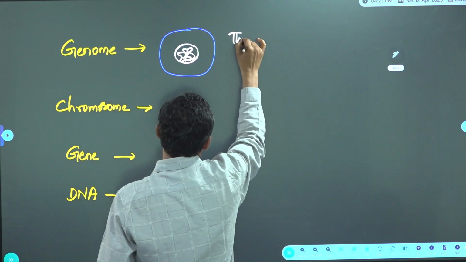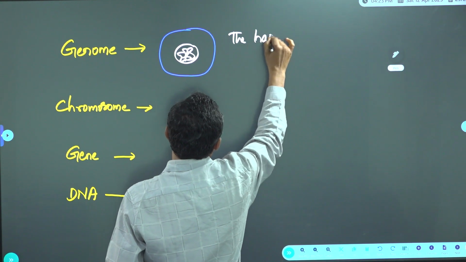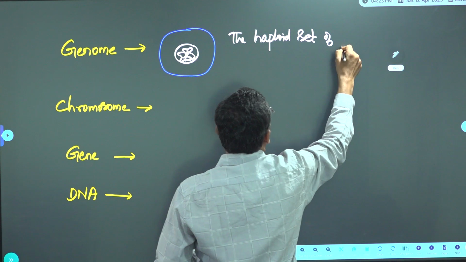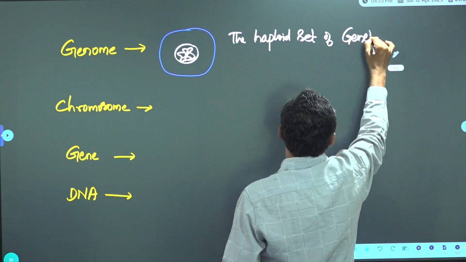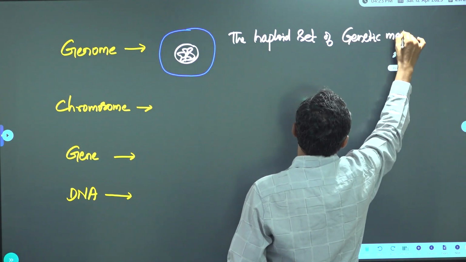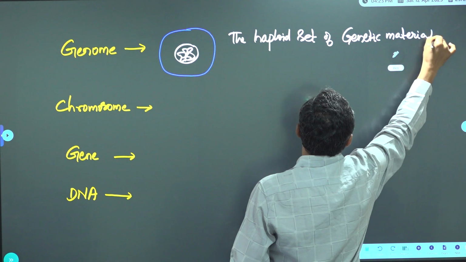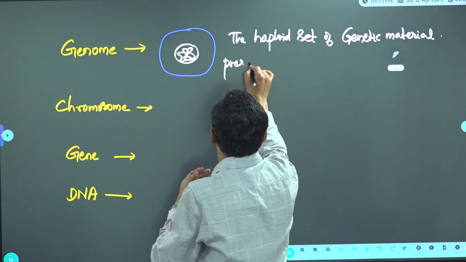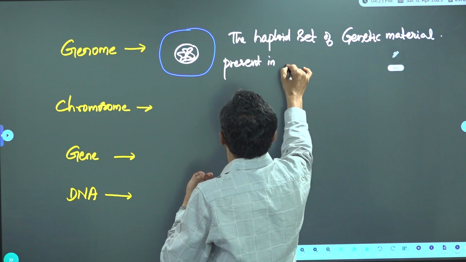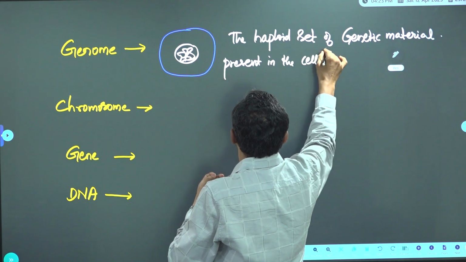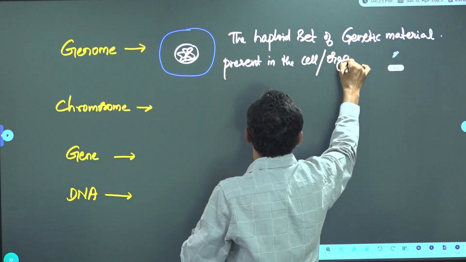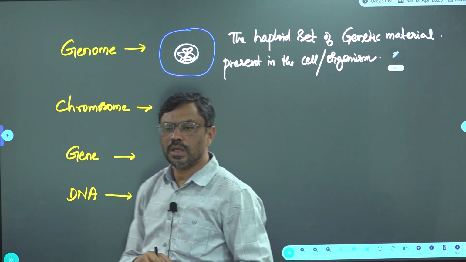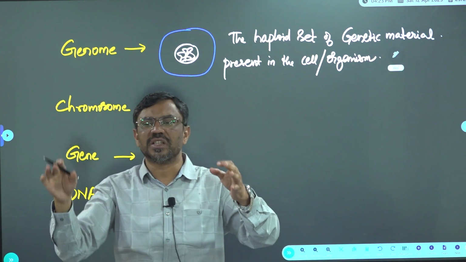So, the haploid set of genetic material present in the cell or organism, that is called a genome. Or you can say the entire genetic material present in an organism.